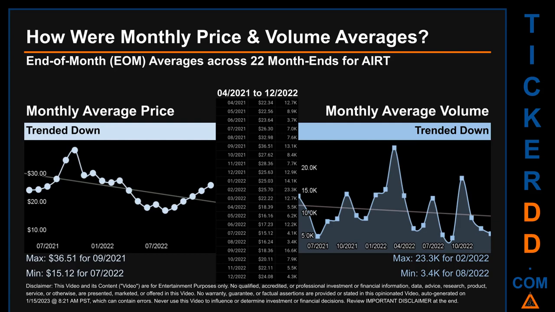The maximum end-of-month average price was $36.51 for 09/2021 while the minimum was $15.12 for 07/2022. Looking at volume, 02/2022 and 08/2022 respectively saw the highest and lowest monthly average volume at 23.3 thousand and 3.4 thousand.